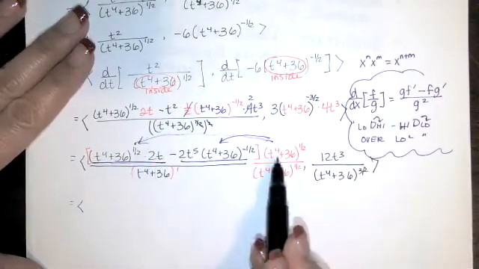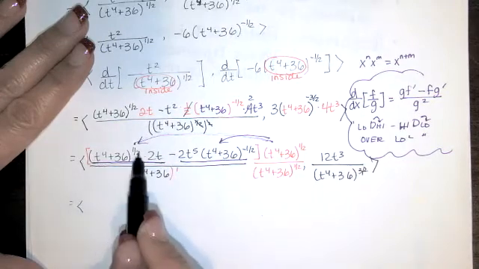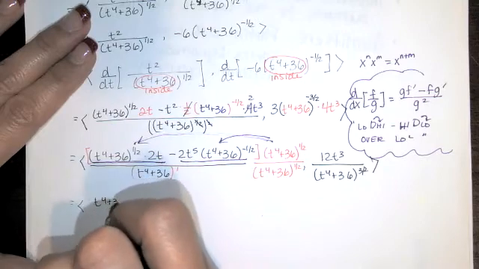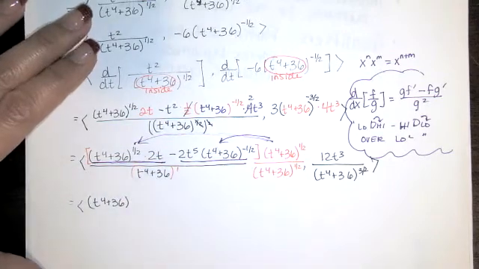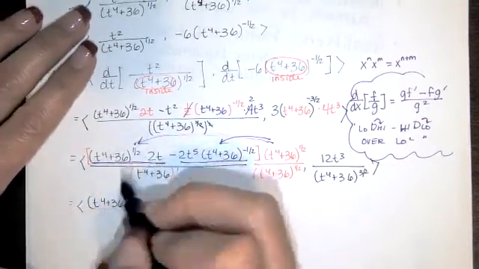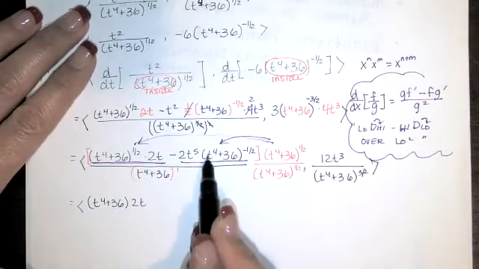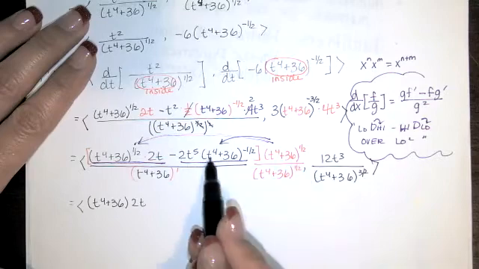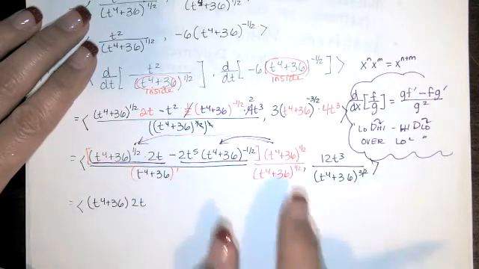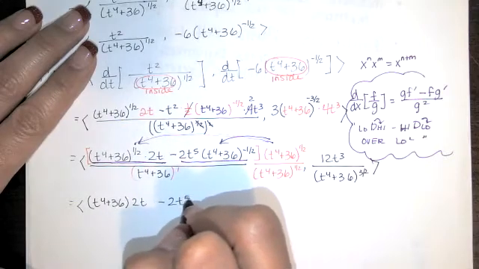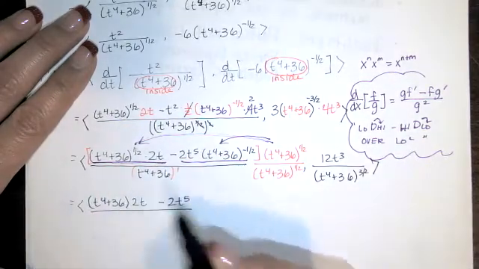This to the 1/2 times that to the 1/2 is going to be that to the 1/2 plus 1/2, or to the first, because 1/2 plus 1/2 is 1, times the 2t. And then this piece times that piece will give us this expression to the 0, which is 1. So I have 1 times a negative t, or negative 2t to the 5th.